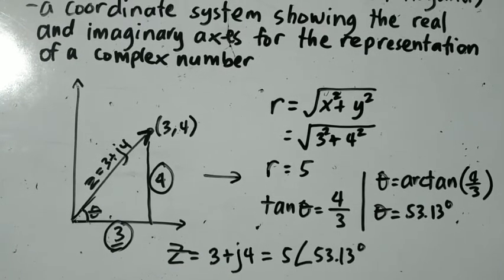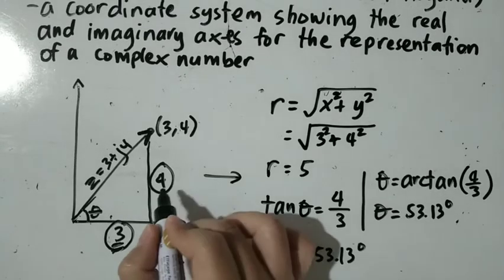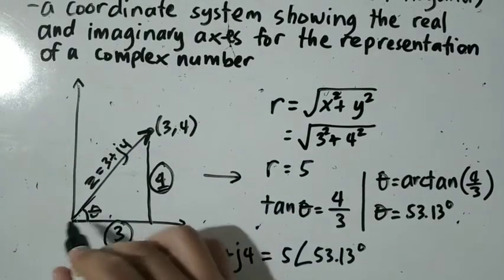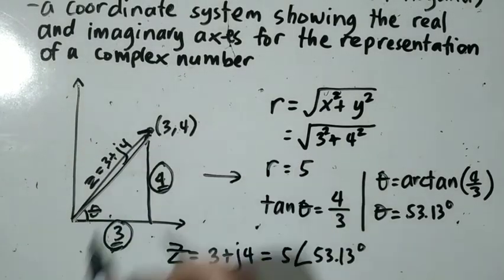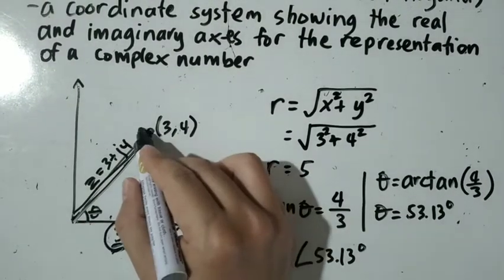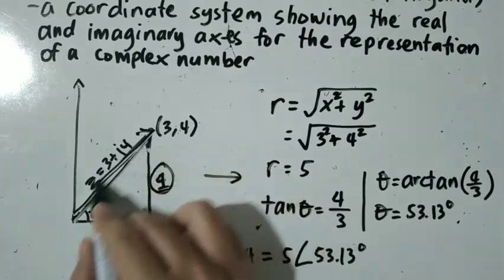Once again, if you have a complex number in rectangular form, you simply take the real part and place it on the x-axis, and the imaginary part and place it on the y-axis, and then you draw a resultant line, and this represents our complex number.